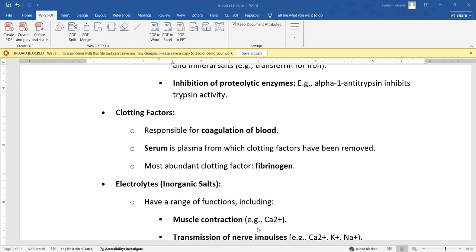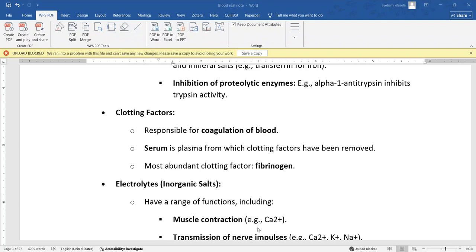Now, the word serum and plasma are the same thing, but the difference between serum and plasma is that from serum, fibrinogen has been removed, so the serum is plasma without clotting factors. Serum is supposed to be another word for plasma.